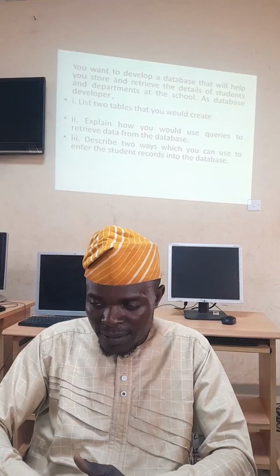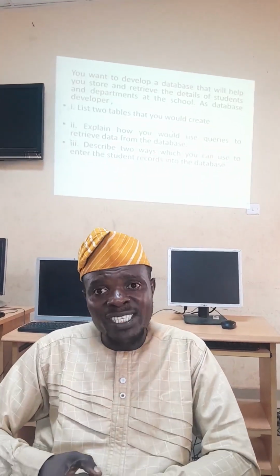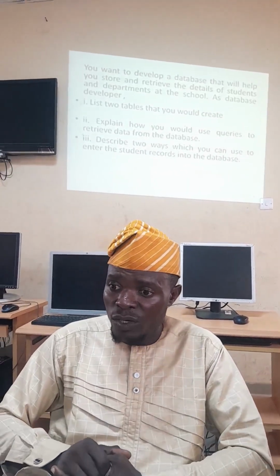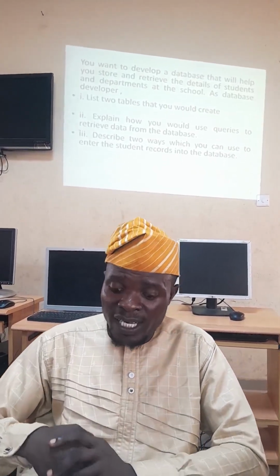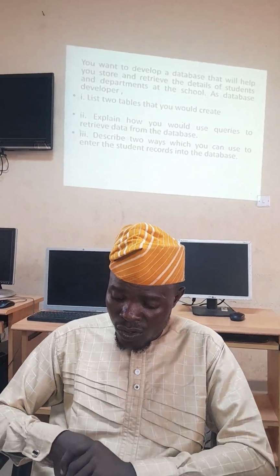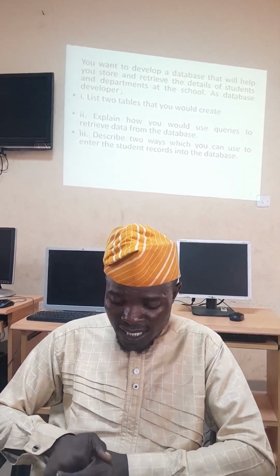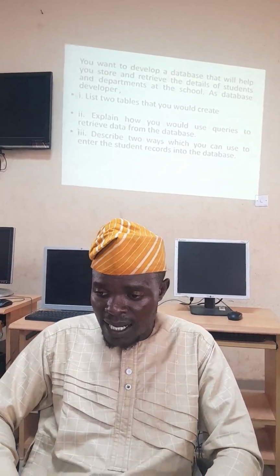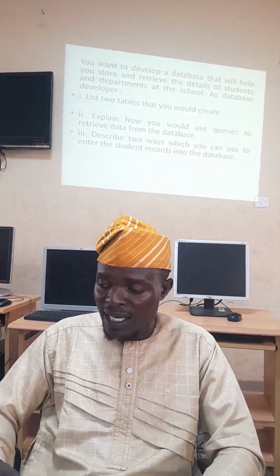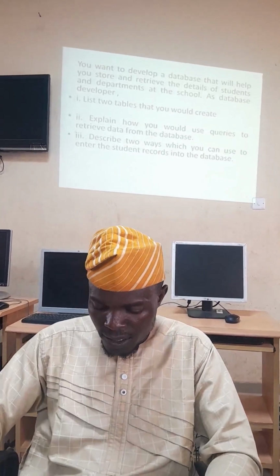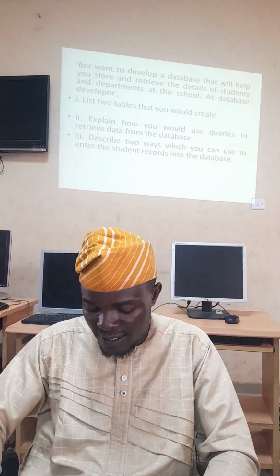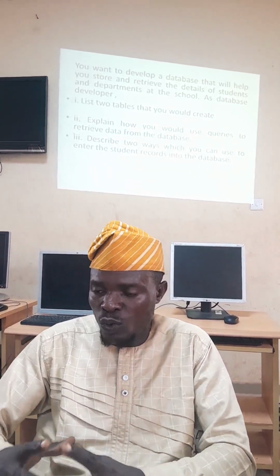And to do this, you are going to use the select statement. There is something we call the select statement in Structured Query Language. It is always like this: you say select, from. What are you selecting?